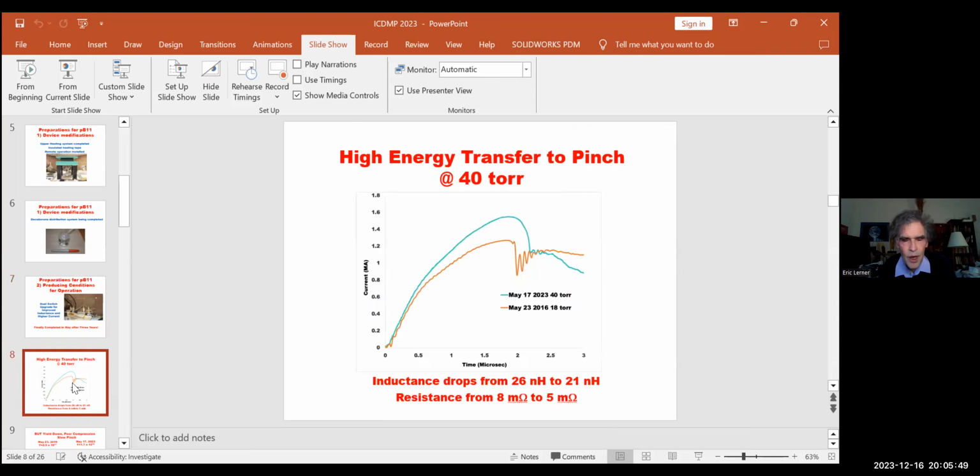So what happened was, back in May, we demonstrated that the inductance drops from 26 to 21 nanohenries. The resistance also drops of the entire device from 8 to 5 milliohms. And we get a big increase in peak current.